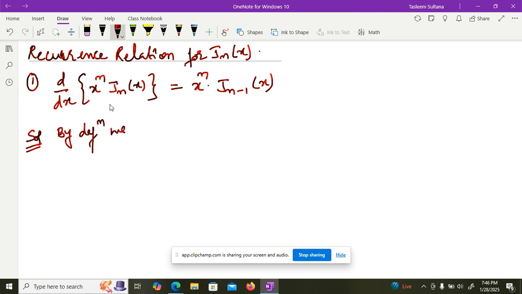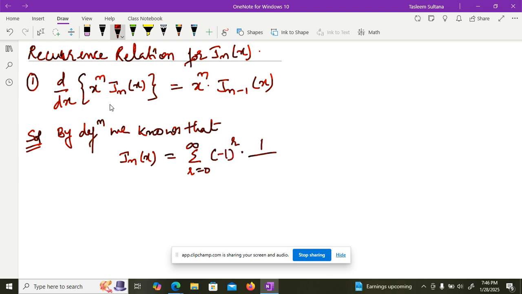By definition, we know that Jn of x equals summation r equals 0 to infinity, minus 1 to the power of r into 1 divided by r factorial gamma of n plus r plus 1, x by 2 to the power of 2r plus n.